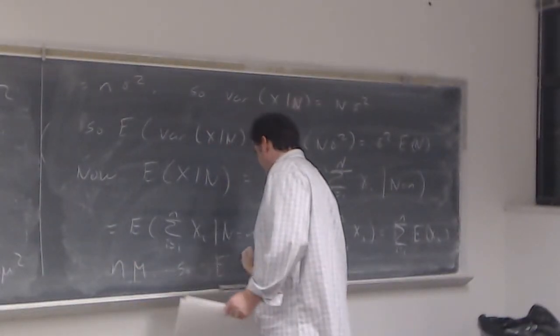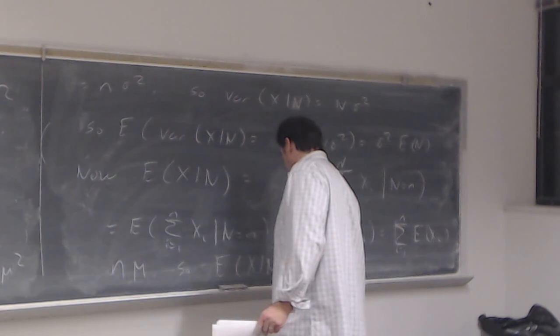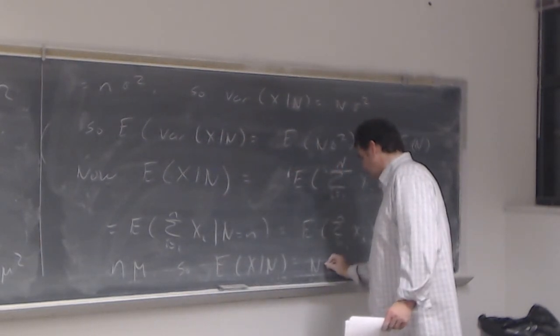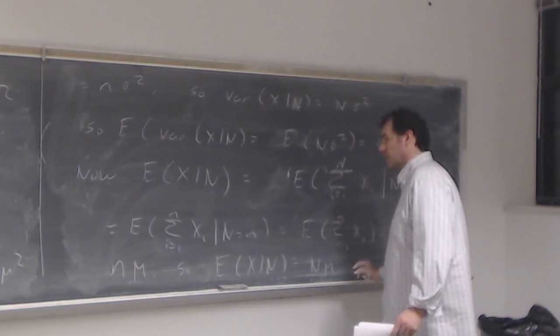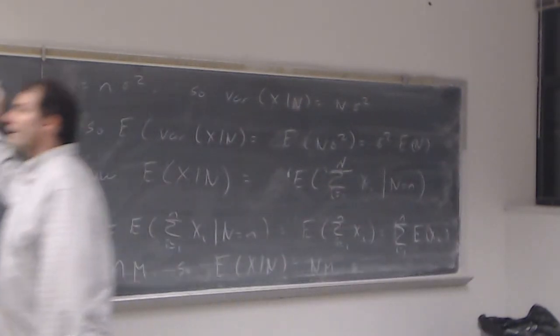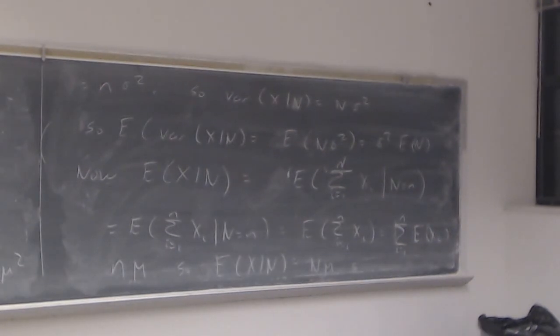So what that tells us is the expected value of X given N is a random variable, big N, whatever that is, times mu. And so the variance, that's what I've got to find, of that.